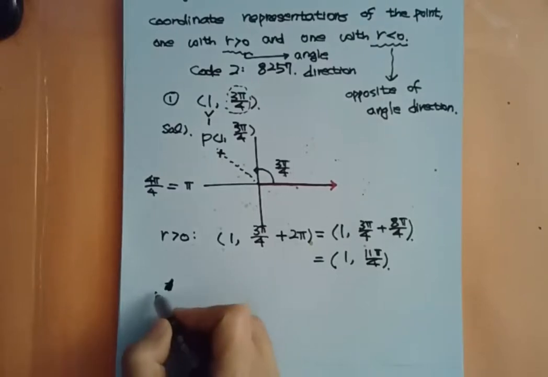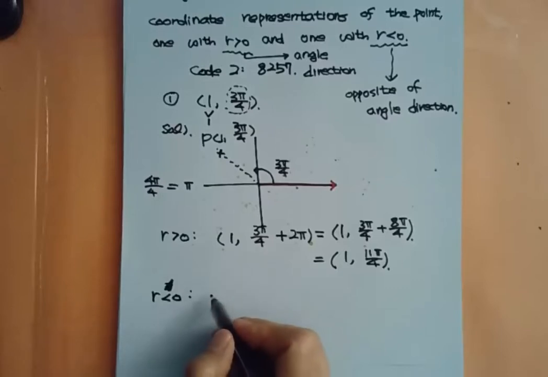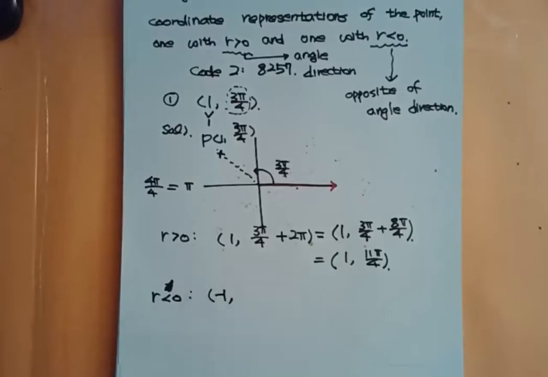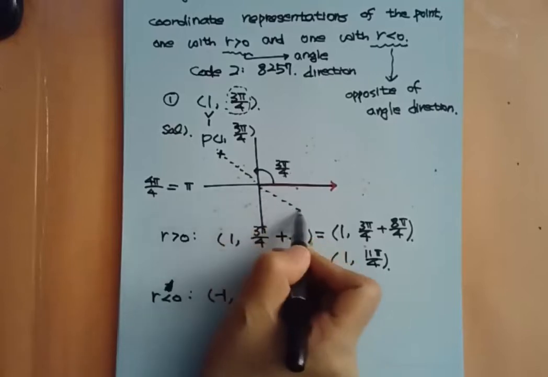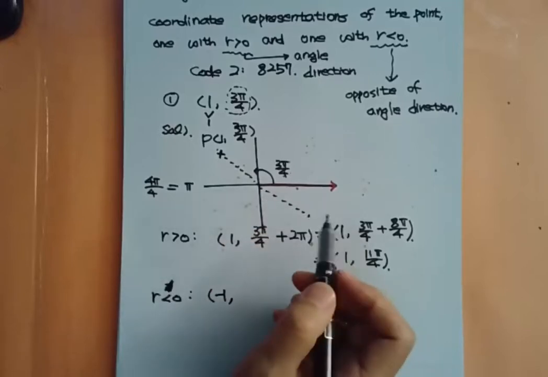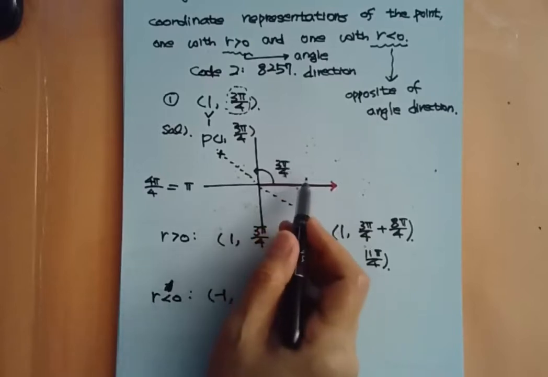Let's consider when r is negative. When r is negative, we will switch the sign of r, but we have to consider the angle which is on the opposite side of 3 pi over 4.